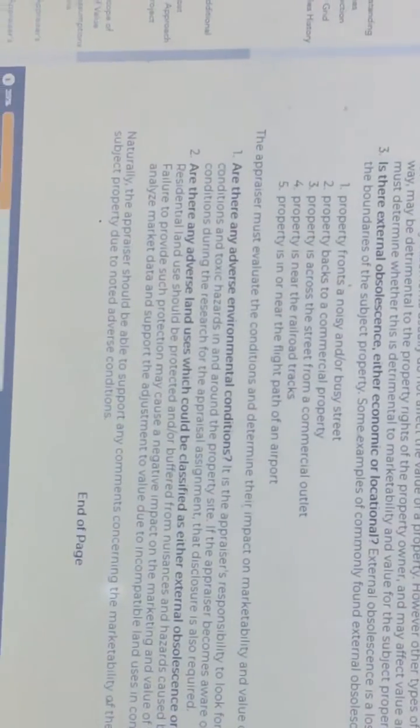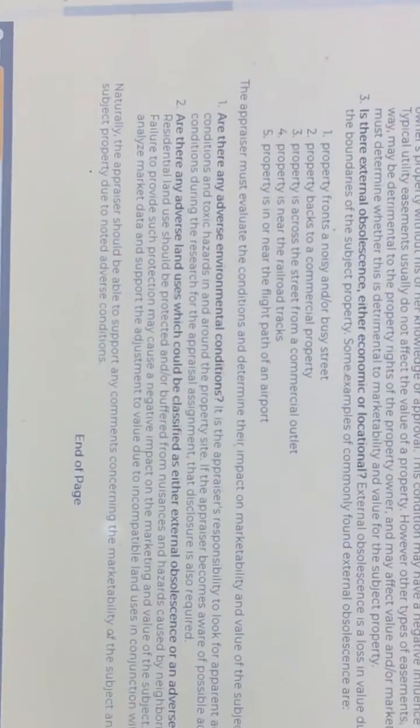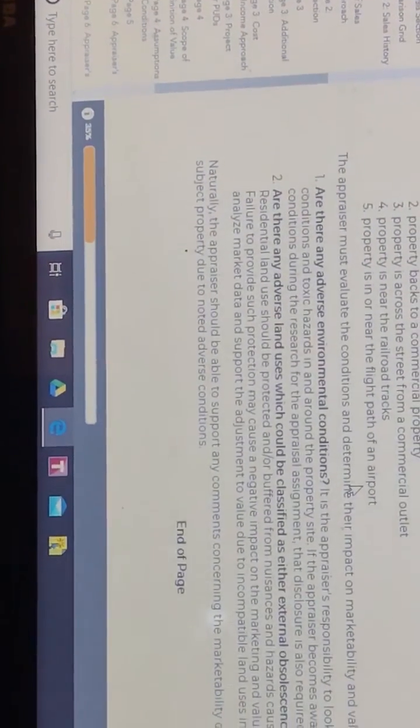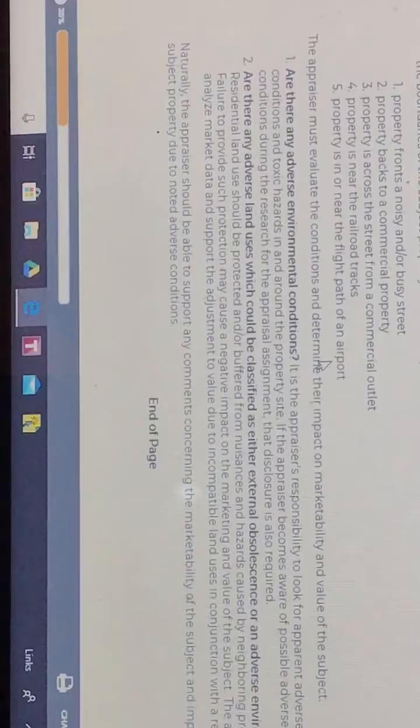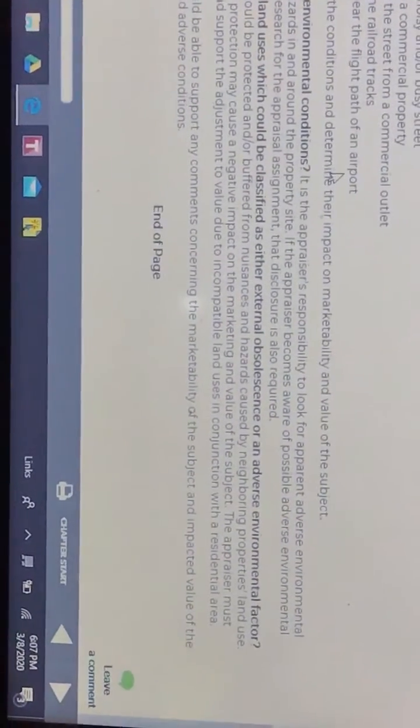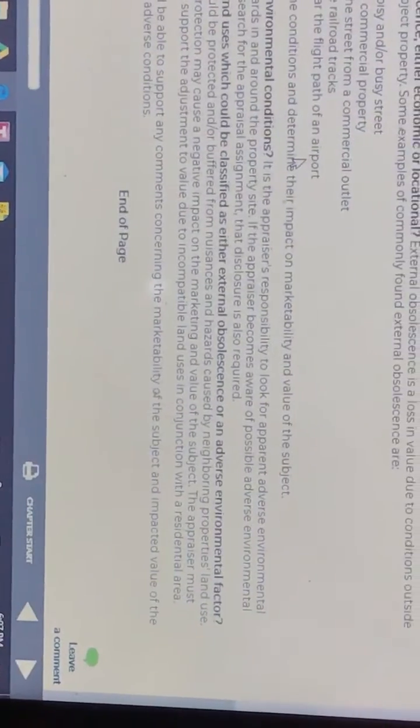Number 2, are there any adverse land uses which could be classified as either external obsolescence or an adverse environmental factor?